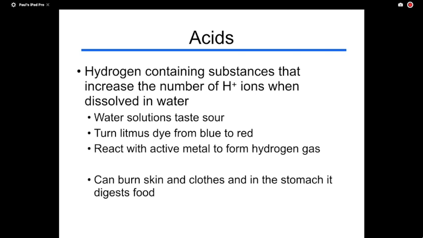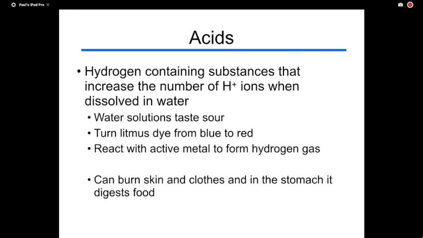One of the indicators that we use, and the animation showed this, is a dye, a color, that if you put it in acid, it'll change to red from blue. And if you put that same dye into base, it'll turn from red to blue. It is an organic molecule that has color, like you dye your shirt with something.